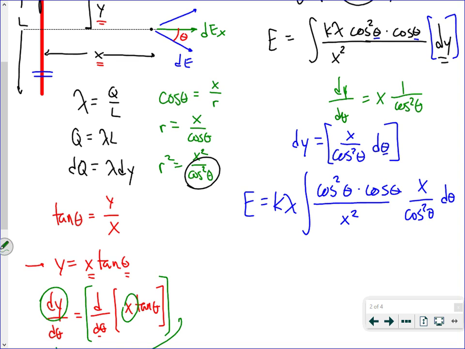Goodbye, goodbye. All right, so this is getting pretty simple now. Now we say that E is k lambda over x. Pull that out, it's a constant. And all we have left is cos theta d theta. Oh man, life is great.